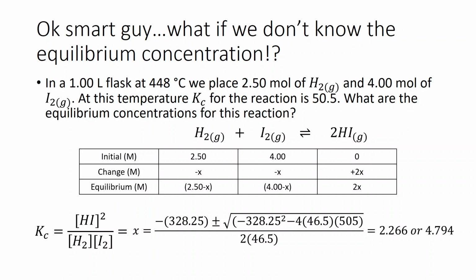That will give us negative molarity for our equilibrium concentration, and you can't have negative molarity. So the change is going to be 2.266 for our reactants, and a change of 4.532, double the change of our reactants, for our product. We now have actual equilibrium concentrations for all of our species.